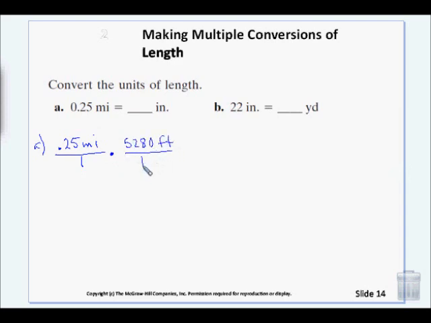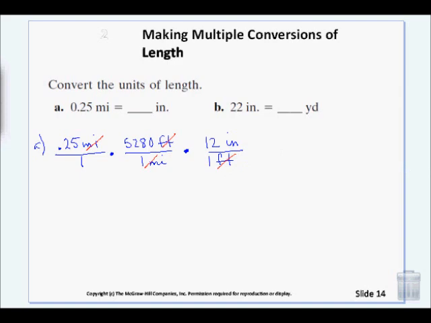And I know how many inches are in a foot. Right? So I'm going from miles to feet and then from feet to inches. So what I'll do, my miles are going to cancel, my feet are going to cancel, and I'll be left with just inches.